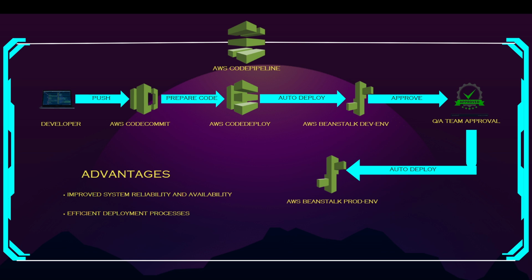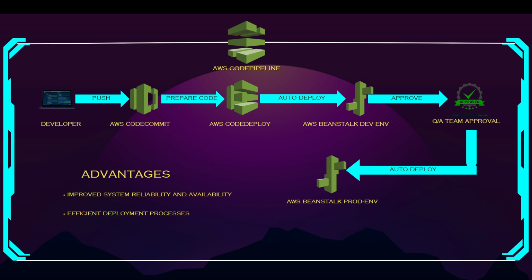It will have so many services, and as you can see here on my screen, I have a developer who is working on certain projects. He'll push the code to CodeCommit. Then from there, CodeDeploy will take over and deploy it to the dev environment, where the QA team and the other people involved in testing will be testing.